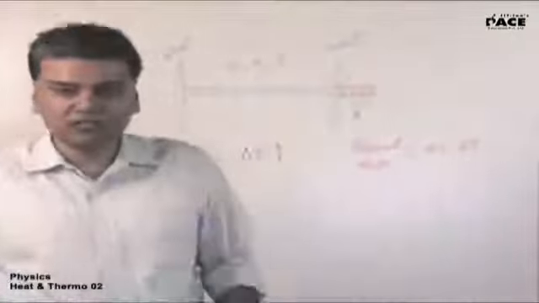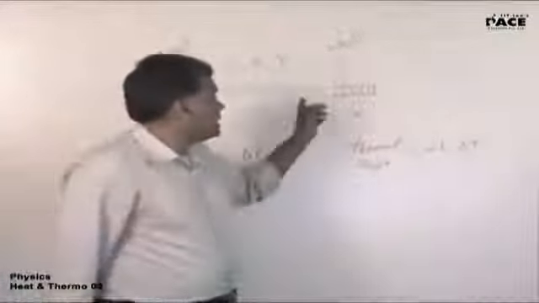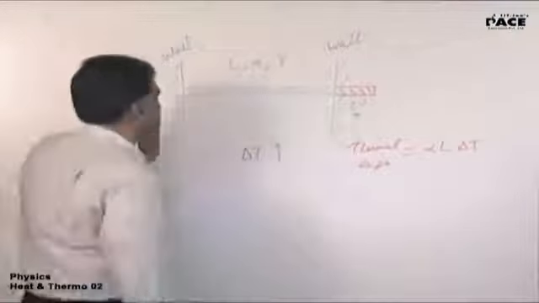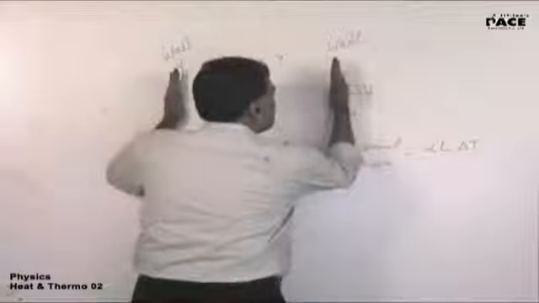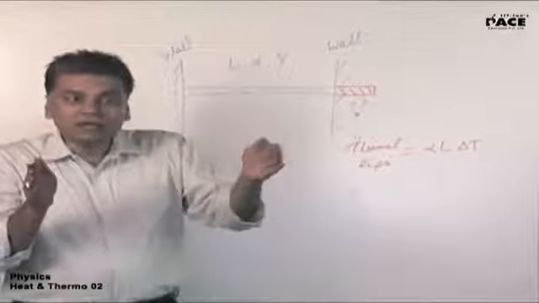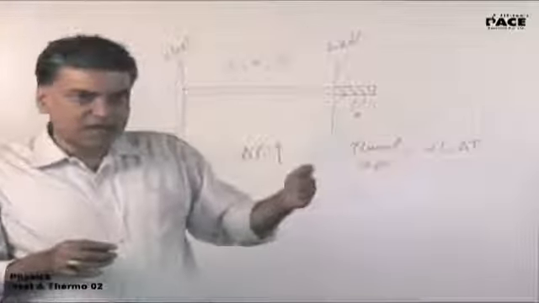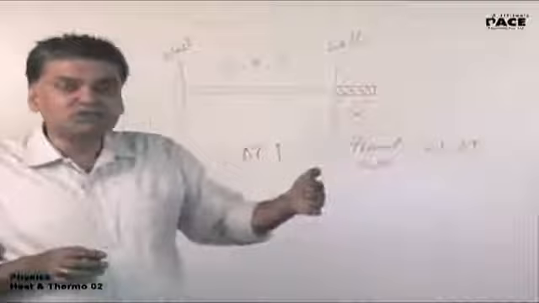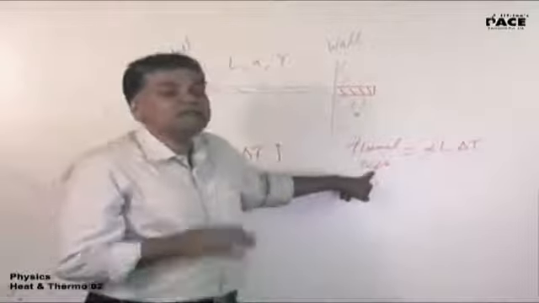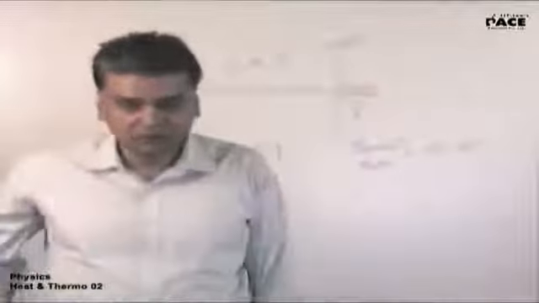Alpha L delta T will be thermal expansion. But now, the wall does not allow it to expand, so you can think of it as if the wall pushed it back to its place. The wall compressed it. So we can think of it like that, that it expanded thermally and the wall compressed it back. The mechanical compression was equal to the thermal expansion, and that's the reason why this rod does not look expanded. We can think of it like that.